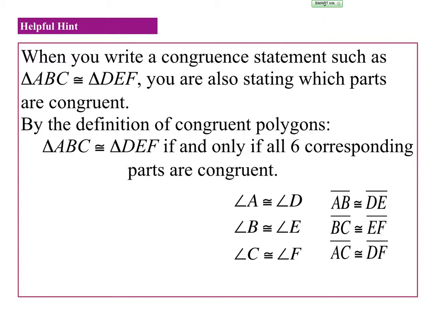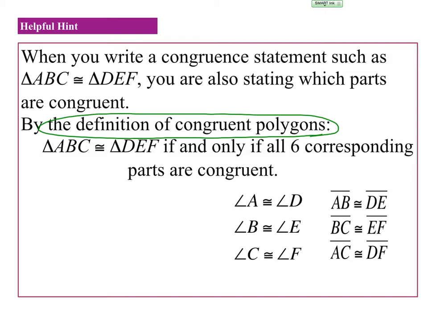Okay, so I emphasize this. When you write the congruent statement, you are stating which parts are congruent. So here's something that students maybe don't remember. Definition of congruent polygons. Up at the top of your notes it says that polygons are congruent when all the corresponding angles are congruent and all the corresponding sides are congruent.